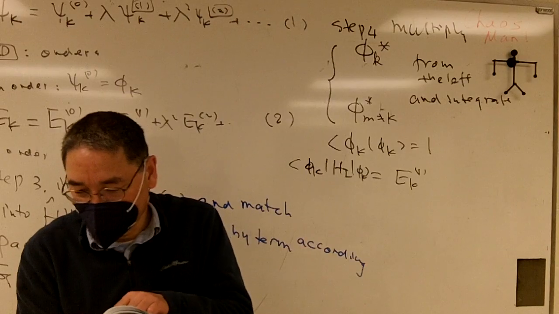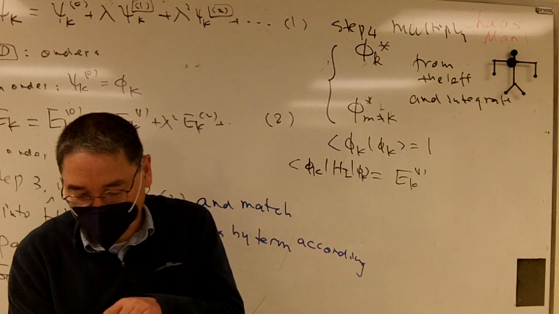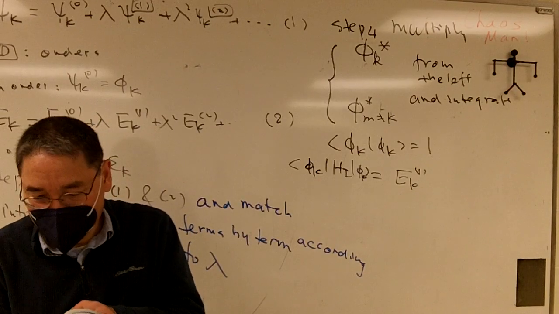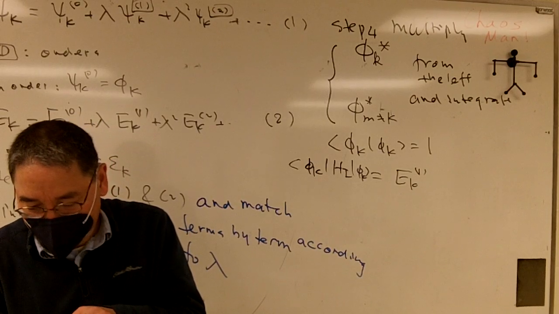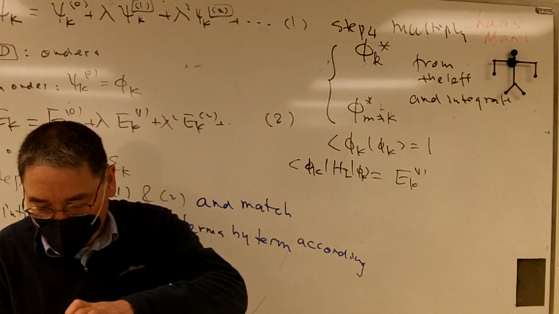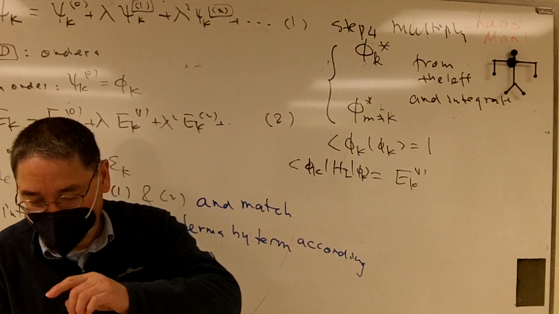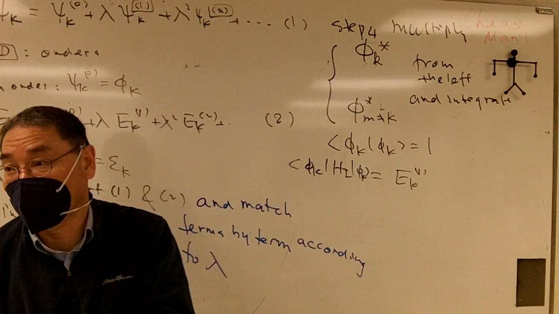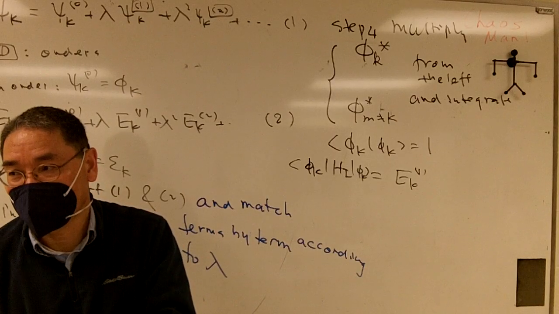Okay, hold on, one sentence. From equation 5.1.8, we just left multiply by phi sub m star. Are we understanding from 5.1.8 all the way to 5.1.11? Do we understand that term?